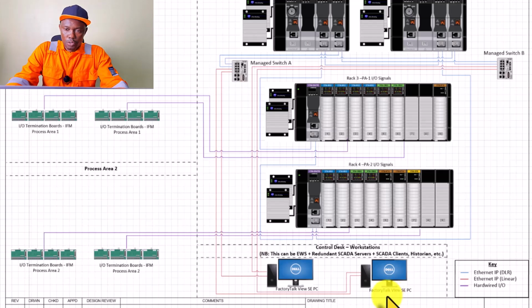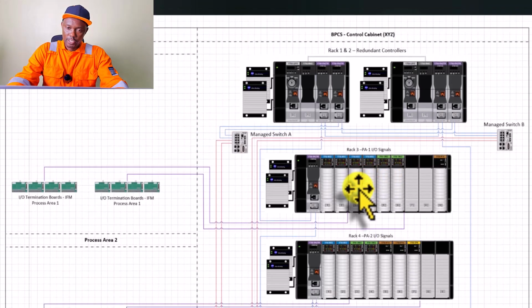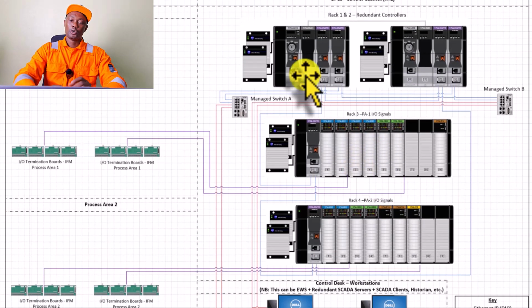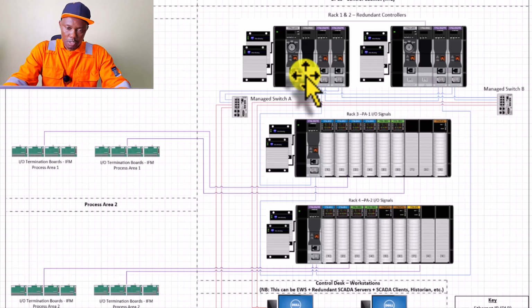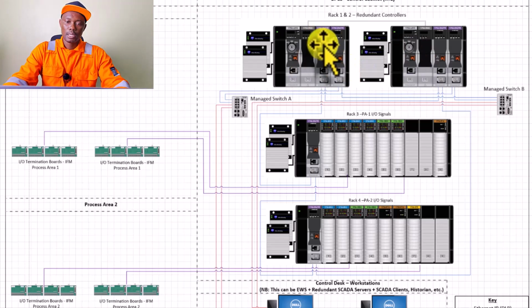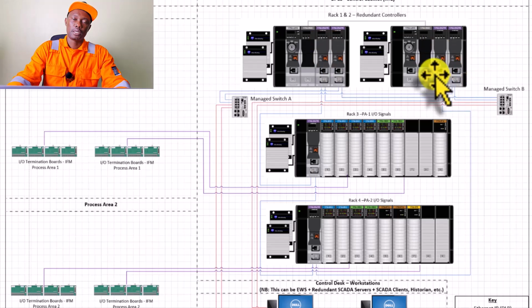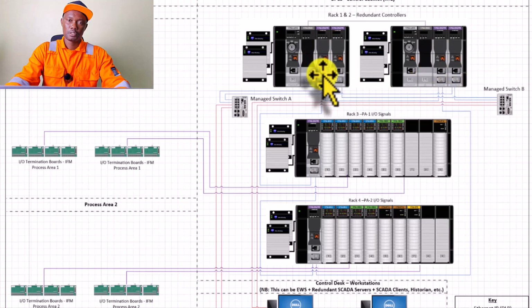So let's go into the topic of today, assigning IP addresses when configuring redundancy. We assign IP addresses on the Ethernet IP module itself. And if you look here, we've got 2 Ethernet IP modules. One is for the I/O network, what we call the DLR network. DLR means device level ring. It's a very robust network system.